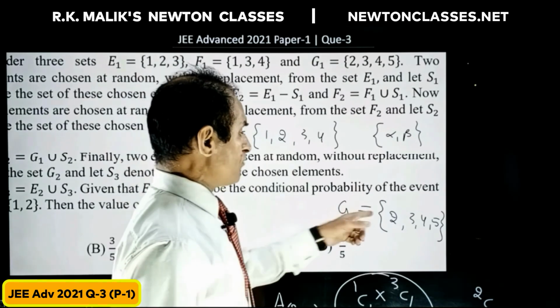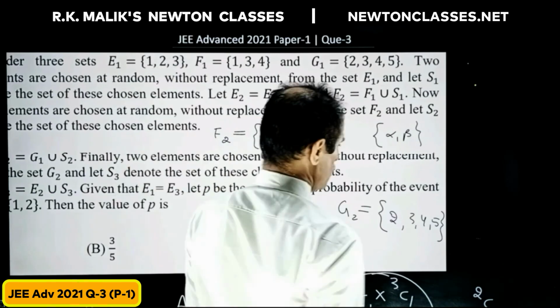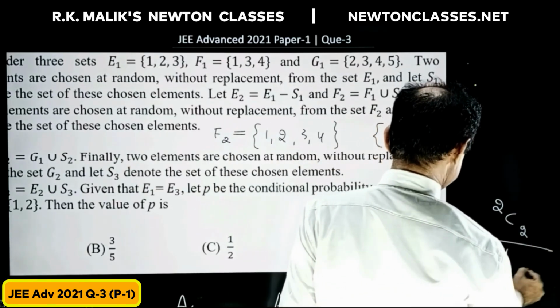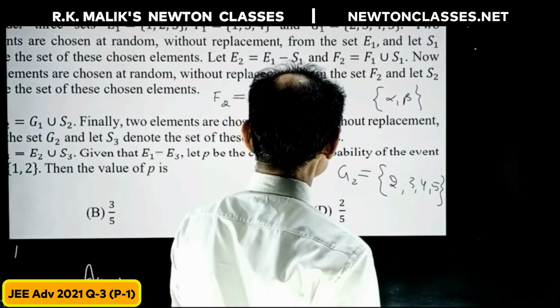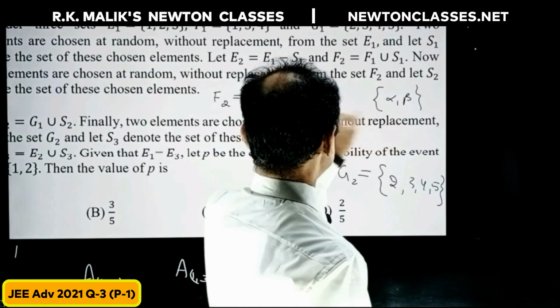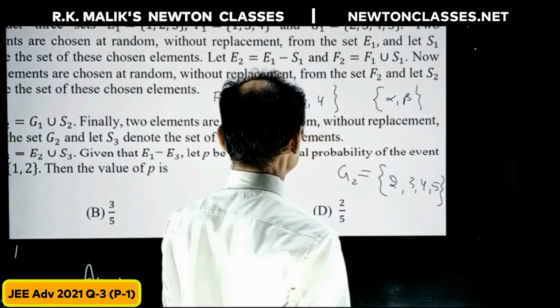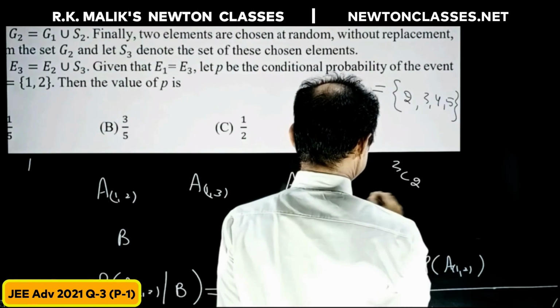And finally from G2, the probability that 2, 3 will come out becomes 2C2 upon 4C2. The probability that the selected pair from this will be of this form, where alpha beta are 2, 3 or 4, becomes 3C2 upon 4C2.